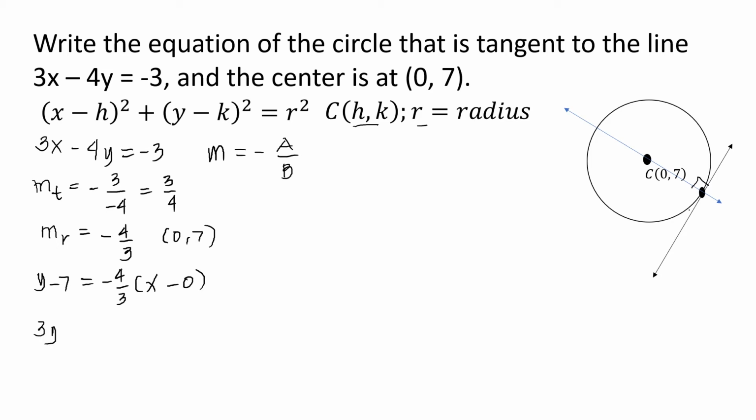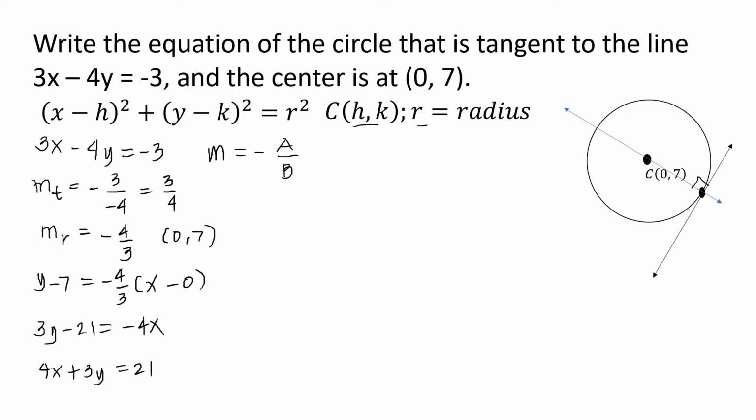Multiplying both sides of this equation by 3, we get 3y minus 21 is equal to negative 4x. And rewriting this in standard form, we have 4x plus 3y equals 21.